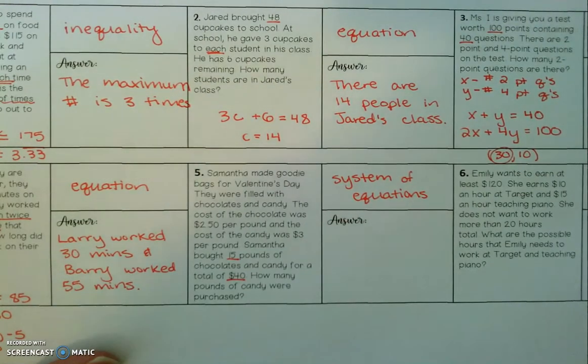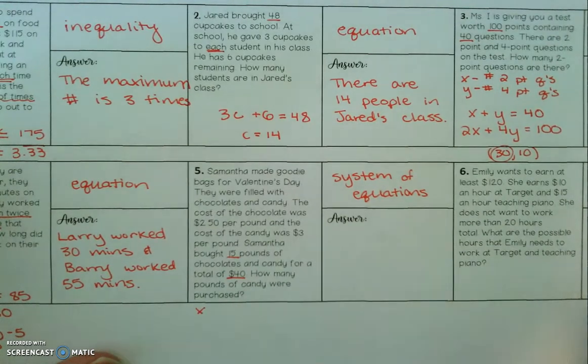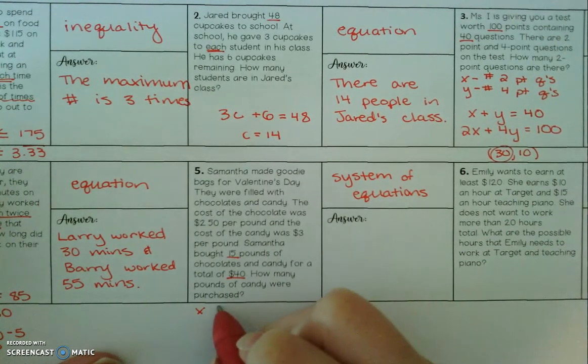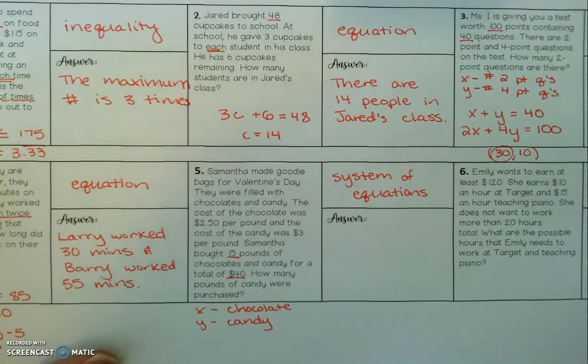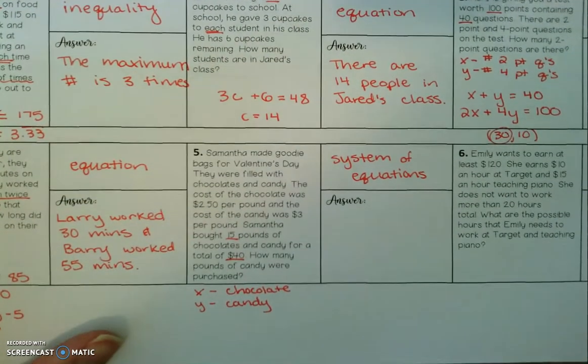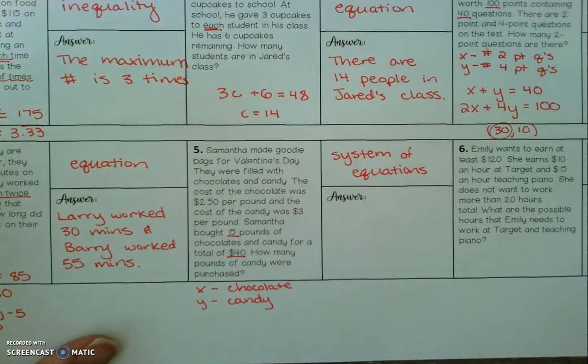To write out our equations, again, we're going to define those variables. I'm going to say that X stands for our chocolate, and then Y is going to stand for our candy. Writing our two equations, one is going to be our amount of money and the other is going to be our amount of pounds.